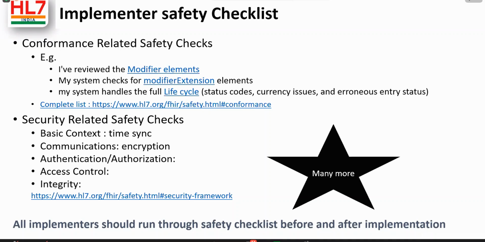If you go to hl7.org/FHIR/safety.html, there is a checklist, and if you go through it, you might be relatively sure that the application you have built is clinically safe. Not 100%, but it is better. As developers, implementers, and business analysts, we take care of certain aspects but may miss out on clinical safety, so it's good to go through the clinical safety checklists. The checklist is part of the spec itself, so you don't have to go anywhere. Got my point?